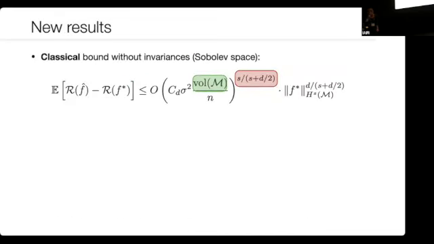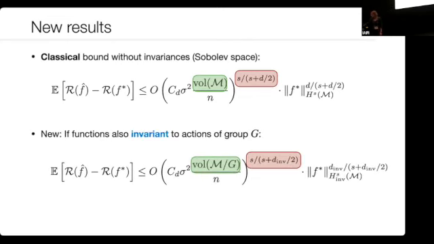So let me show you how this changes the sample complexity. This is the one that I showed you before. The important thing is that the volume of the manifold is like the complexity here, and then you have the thing in the exponent. What changes if you know that your functions have certain invariances is two things. The first is that green part.